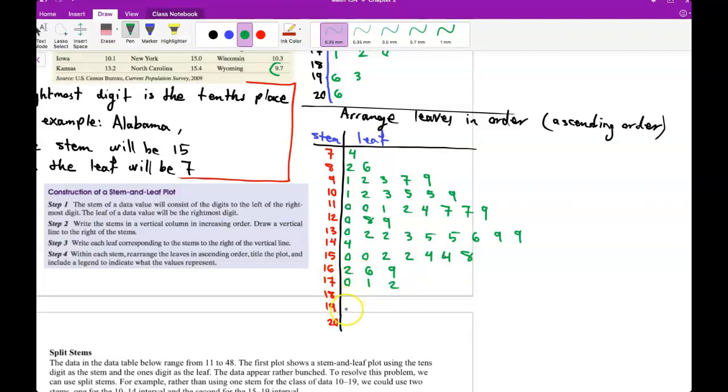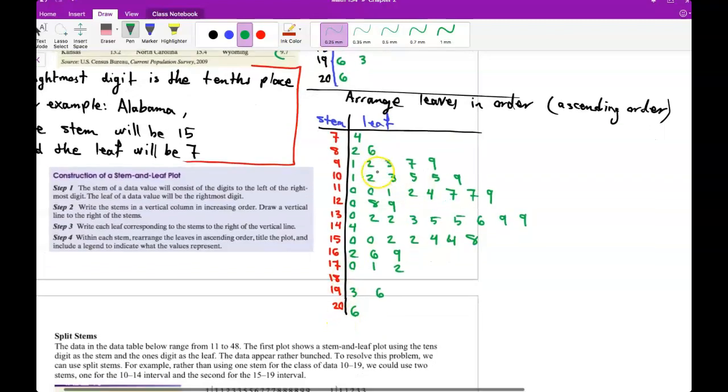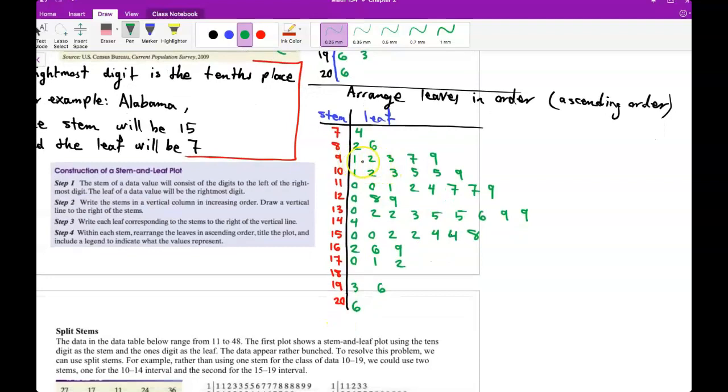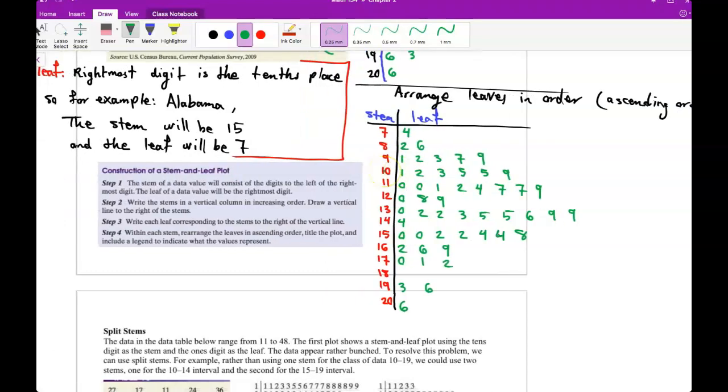For 18, nothing. Here is 3, 6, and here is 6. And also, between these numbers we have nothing. Some students make the mistake of using a comma in between. That is wrong. You shouldn't use anything in between.